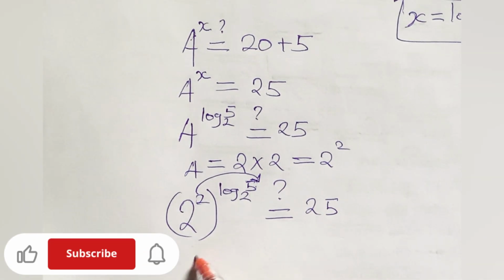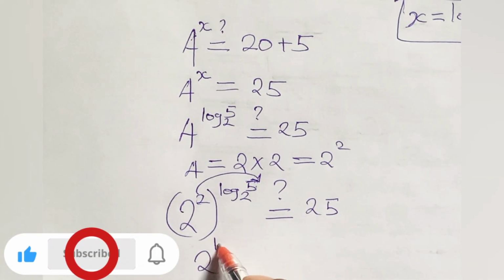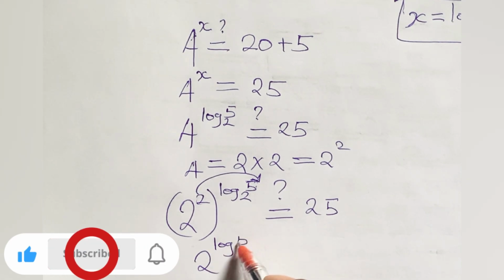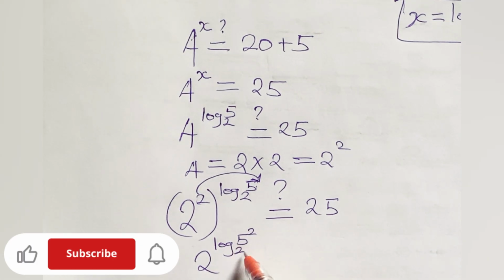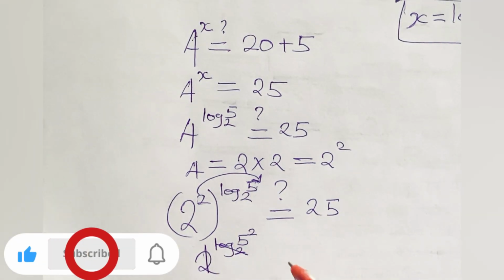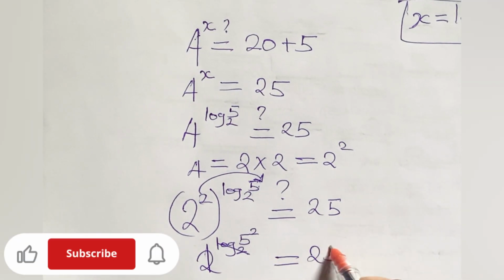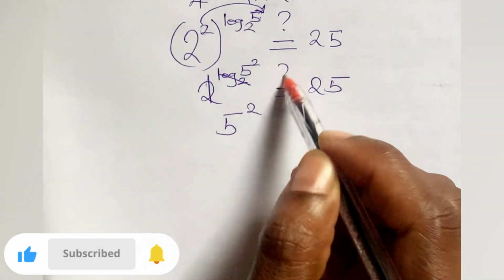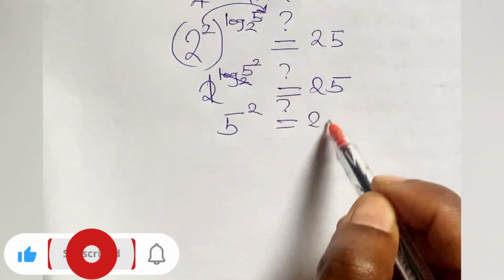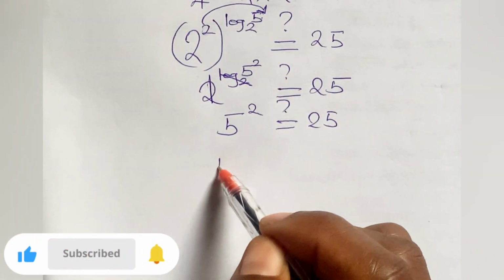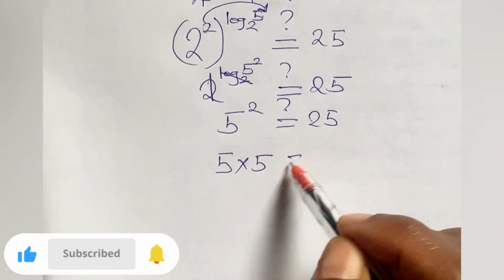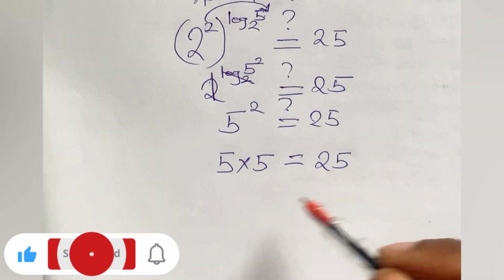So it becomes 2 to the power of log 5 squared base 2. Now this will cancel this, so we are left with 5 squared. Is it equal to 25? And 5 squared is what? 5 multiplied by 5, that is equal to 25.